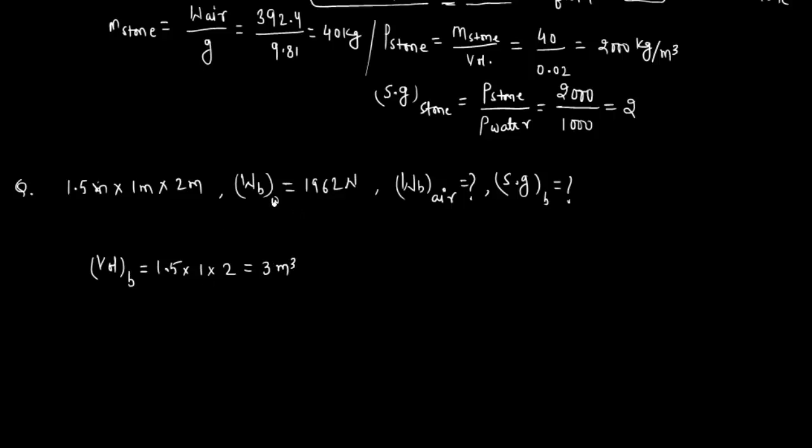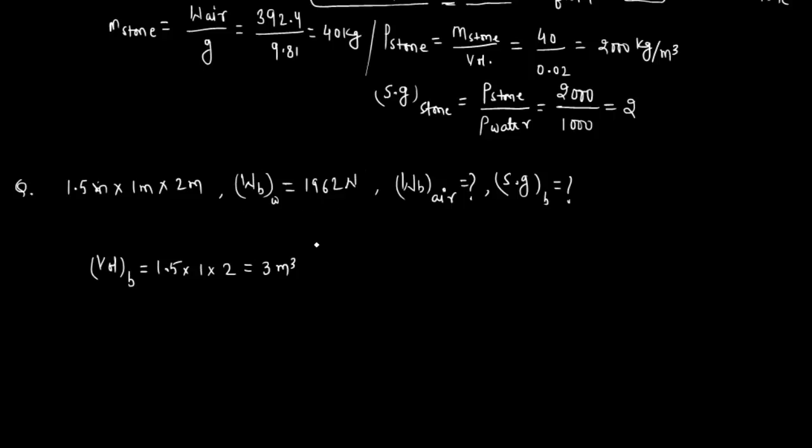Now as the weight of the body in water is given, it means obviously the body is heavier than the water, because that's why we are feeling this much of extra force in the water. Because if the body is lighter than the water, then there is no weight of the body felt in the water, because the buoyant force will push the body in the upward direction. So here obviously the body is heavier than the water.